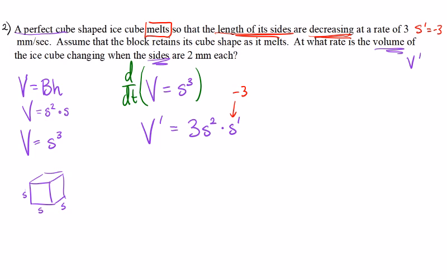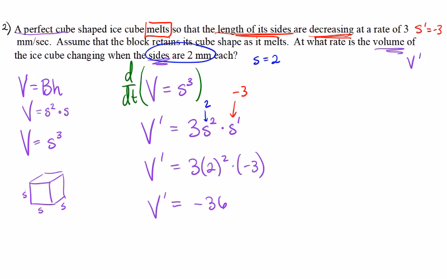And then it says when the sides are 2 millimeters each, right? So that means s equals 2. And so we're going to put 2 in here for s. All right, so s prime is -3, and s itself is 2. So now we have everything we need to input into our formula. So go ahead and plug all that in and get your answer, okay?